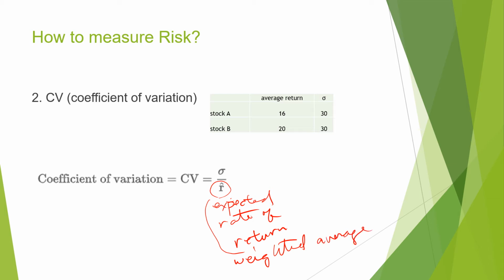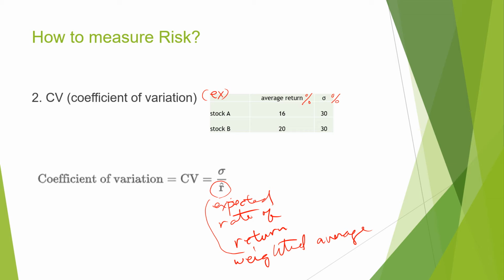Right here. Let's look at, well, why not just use standard deviation? Let's look at this example here. Stock A's average return is 16, and the standard deviation of that return is 30%. Let's say this is percentage numbers.